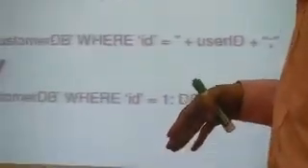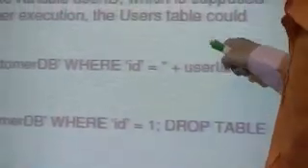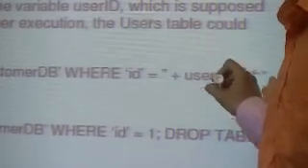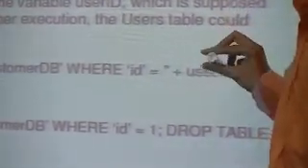So it will display ID equals whatever it is, then it will drop the table. So this happens if you don't check the data type of the inputs entered by the user. So this is another way of launching SQL injection attacks.